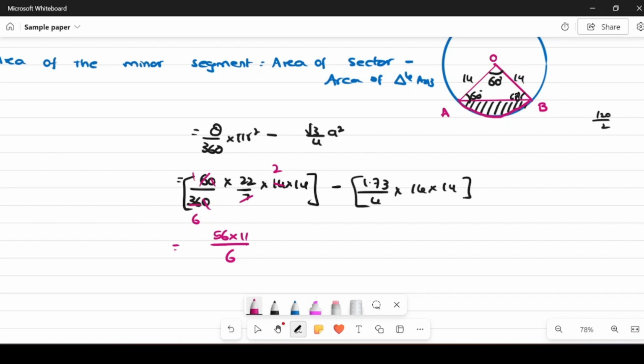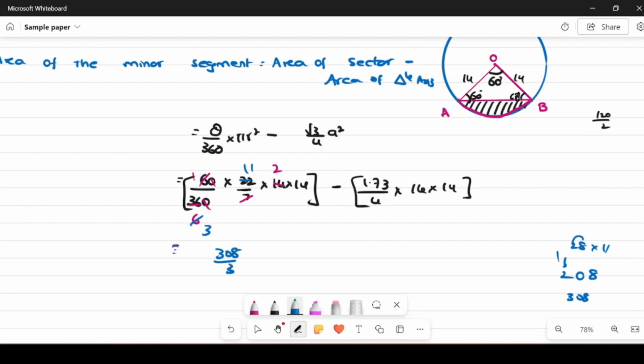Minus, or I can also cancel 3 and 2 here. 2 goes here 3 times, here 11 times. So this will be 28 into 11, which will be 2, 8, then add 8 plus 2, 10, so we need to add 1 here. So it will be 308.